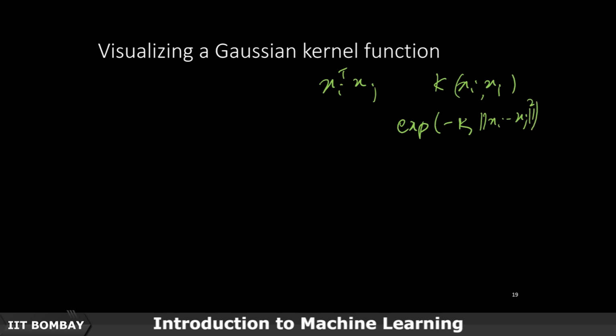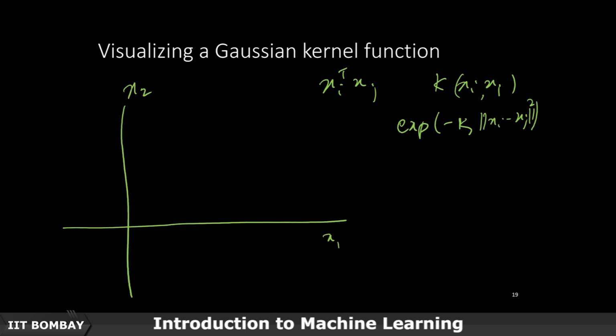So what will happen is, let's say we have the x1 x2 plane, and we have some positive points and some negative points, lots of negative points, lots of positive points.